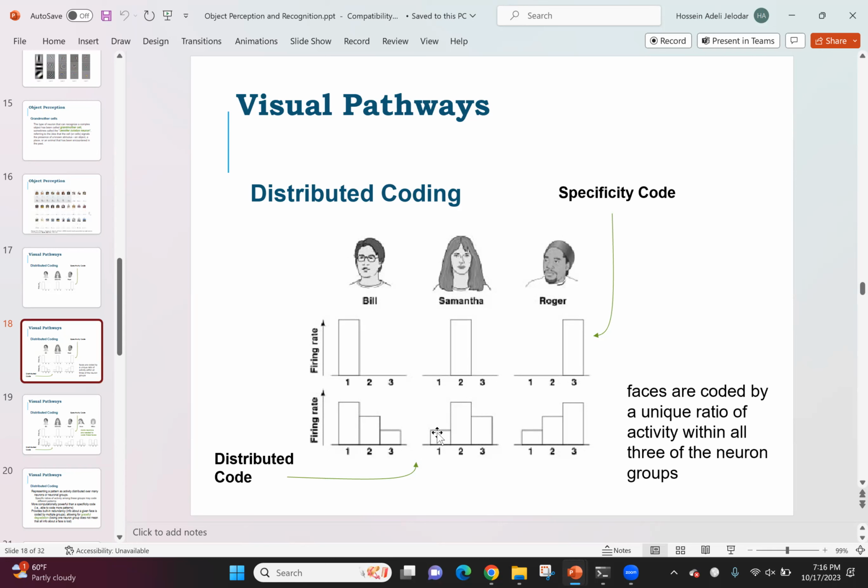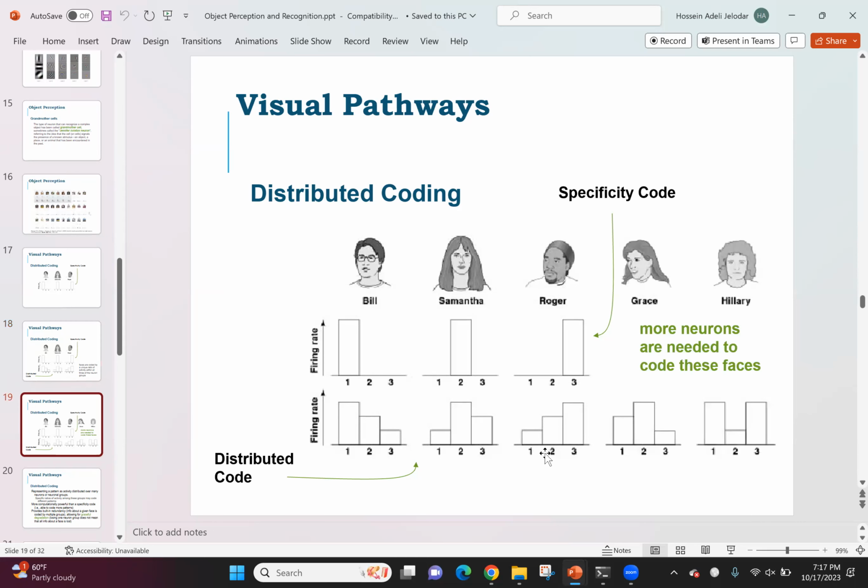A little bit, right? If cell 3 is twice as active as cell 1, you know it's Samantha, because if it was Roger, cell 3 would be 3 times as active as cell 1. Do you see what I mean? So if you lose a cell, based on this distributed code, you could still represent a person, which you couldn't do with a specificity code.